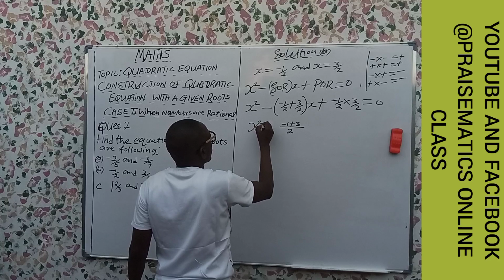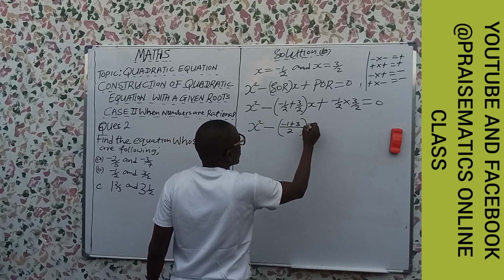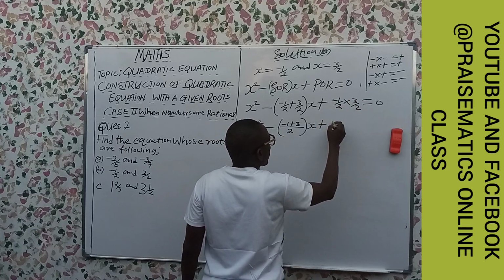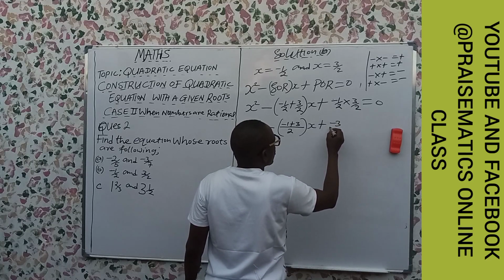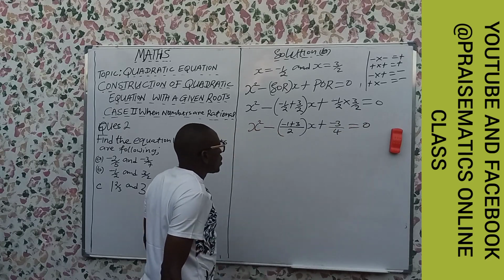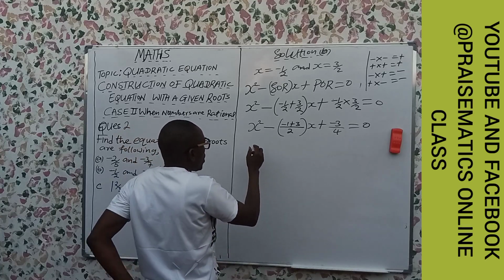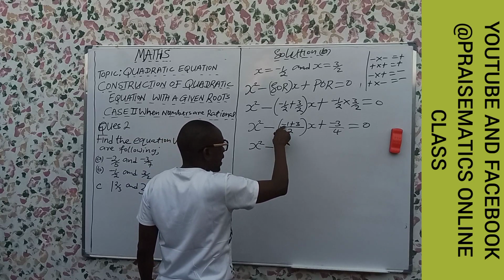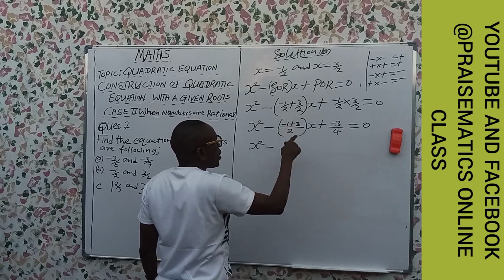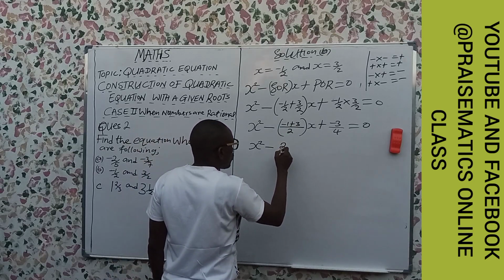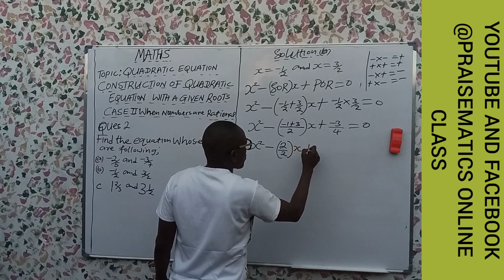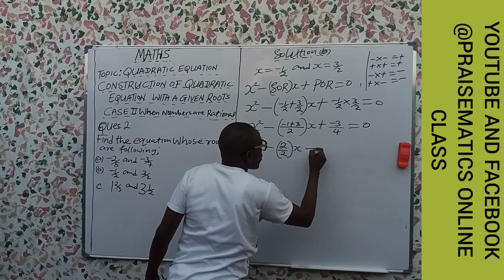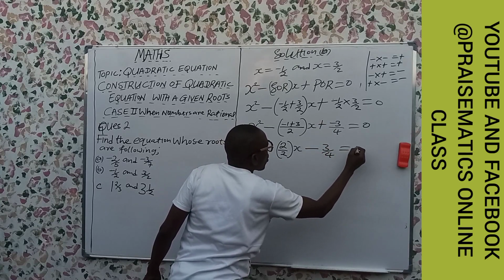So we have x squared minus (minus 1 plus 3 over 2) x plus minus 3 over 4 equal to 0.